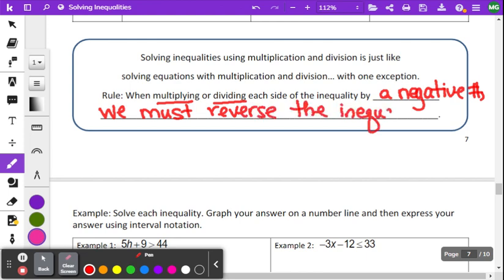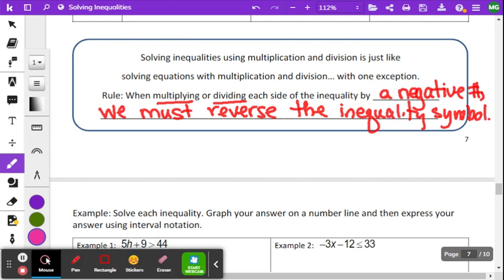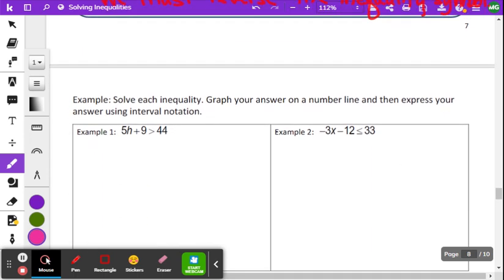Okay, we must reverse the inequality symbol. And I do have an example of that on the next page. Okay, that's really the only difference between solving equations and inequalities. We'll get a range of answers with inequalities, but we also have to just reverse the symbol when we multiply or divide by a negative.